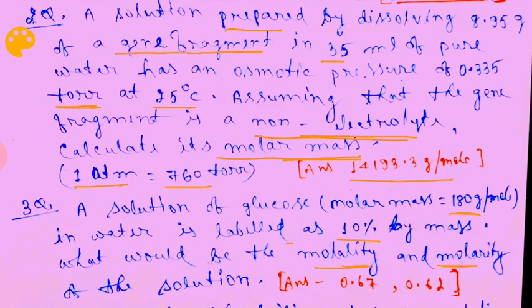Small m and capital M. You have read molality, number of moles dissolved per kg of the solvent, and molarity, number of moles dissolved per liter of the solution. So you can calculate easily. Answer is given here. Molality 0.7 and molarity 0.62.